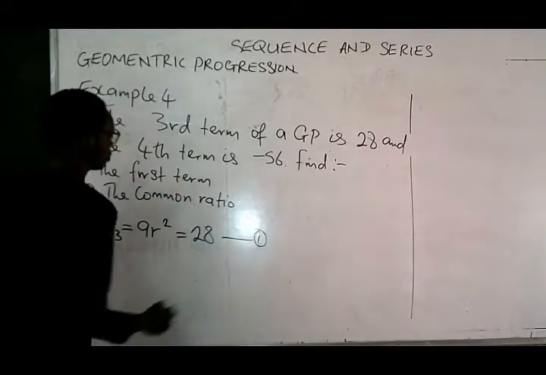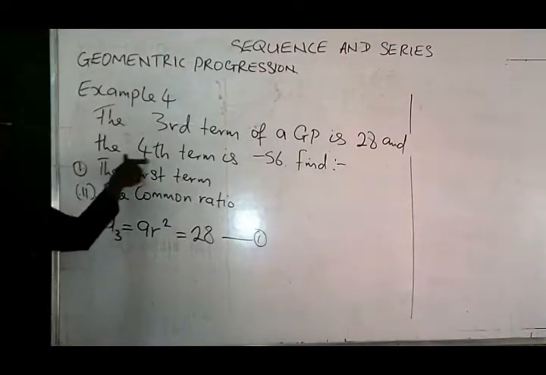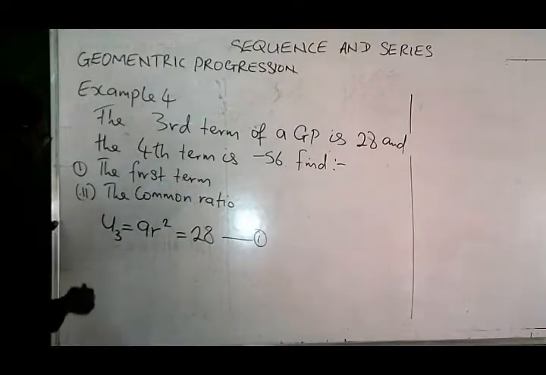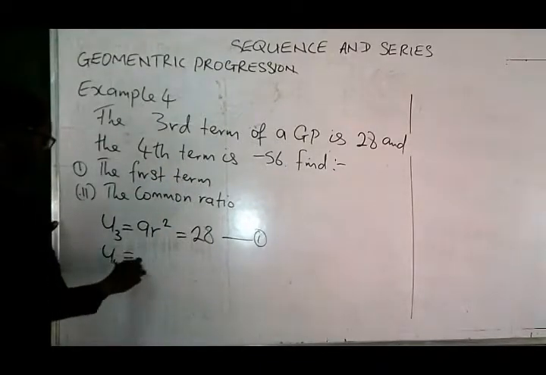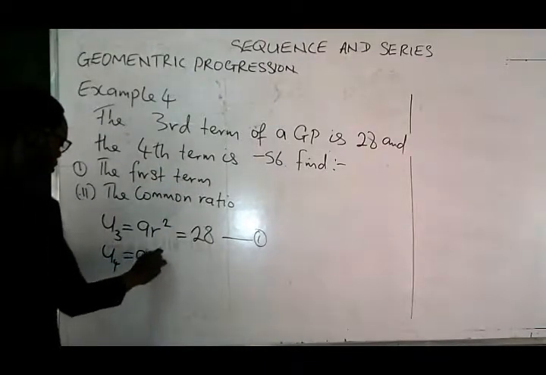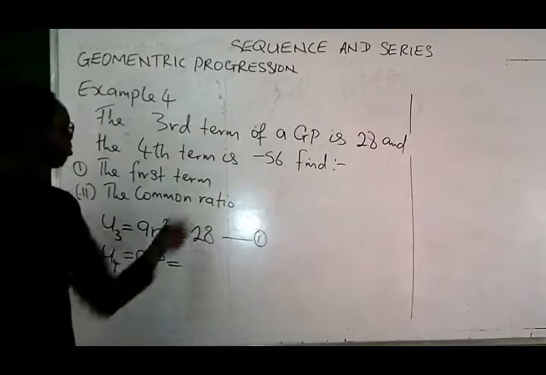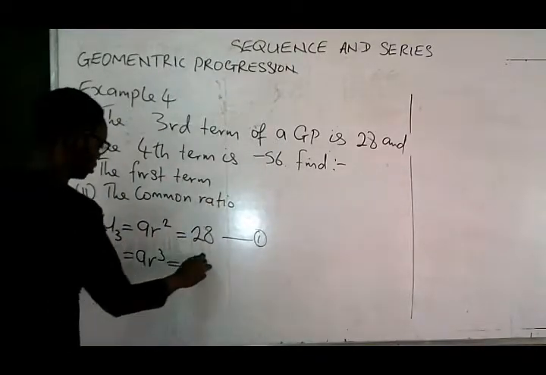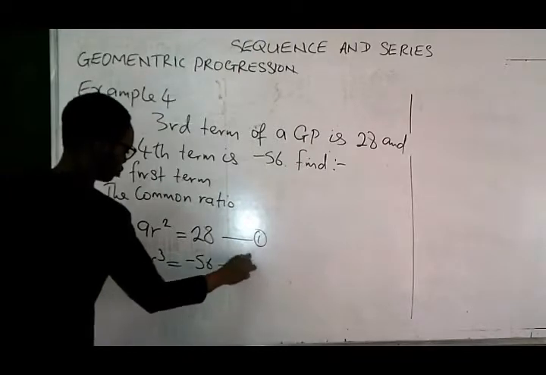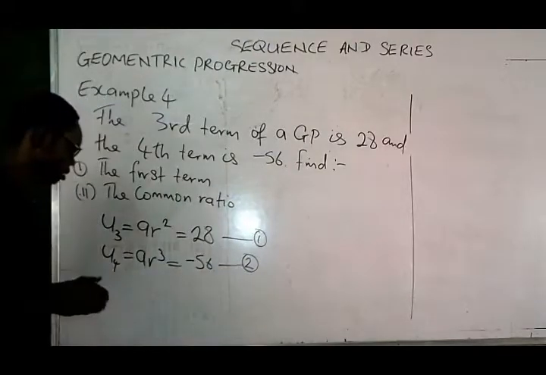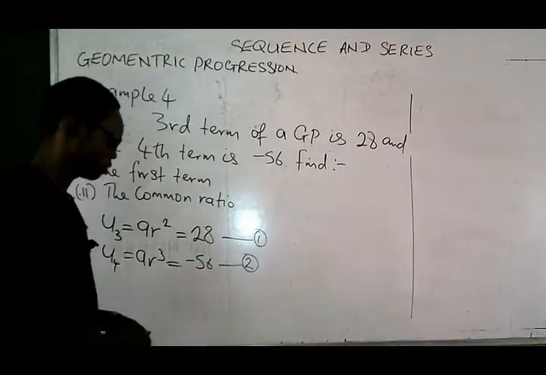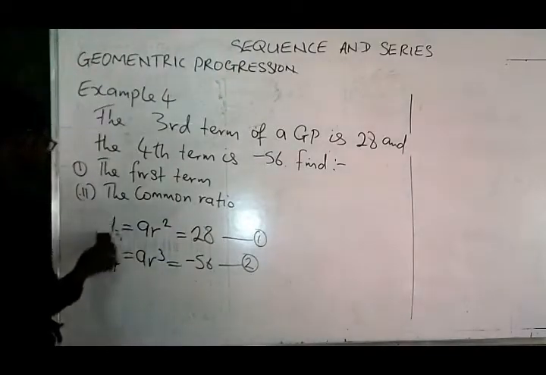Equation 1. The fourth term, which is U4, and the expression is a r cubed, and it's equal to minus 56. Equation 2.